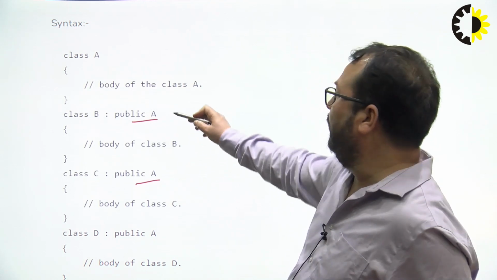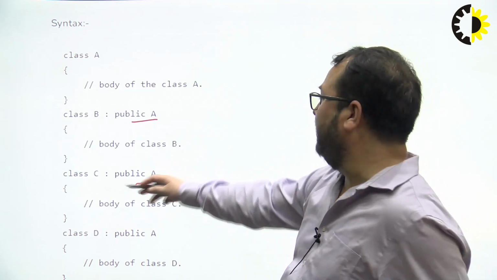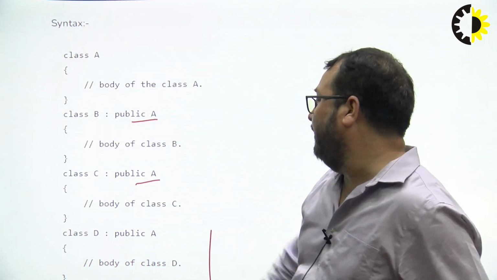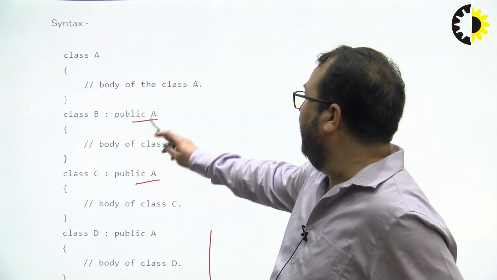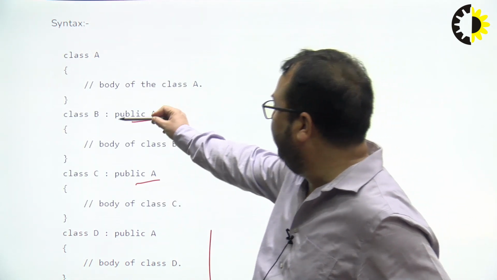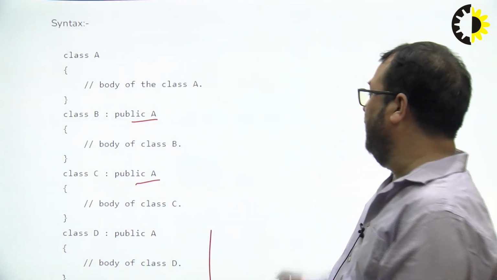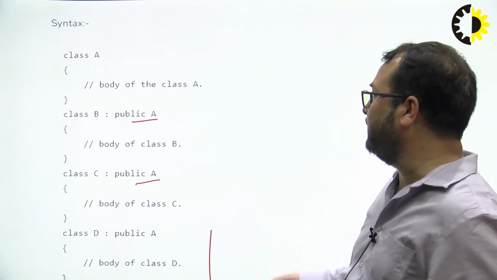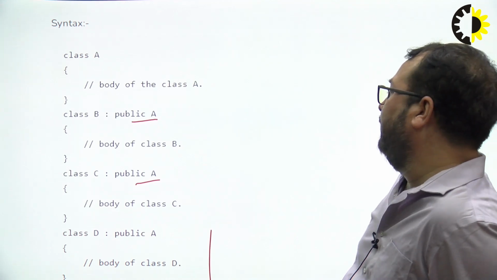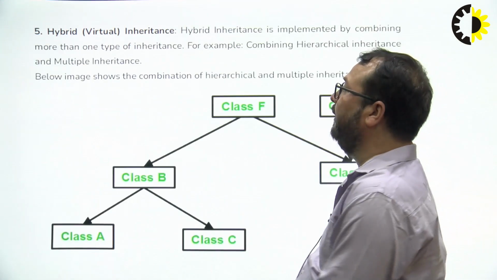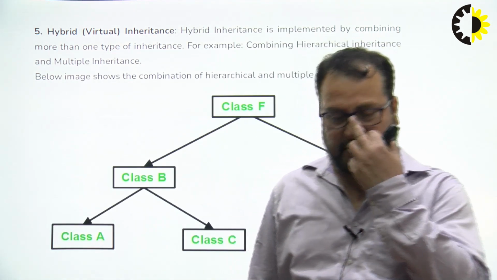So A is inherited by two subclasses, B as well as C. Similarly, class D further inherits A, which means A is inherited by B, C as well as D. If we represent this in a tree, A has three children, B, C and D, so this is a general kind of tree structure.